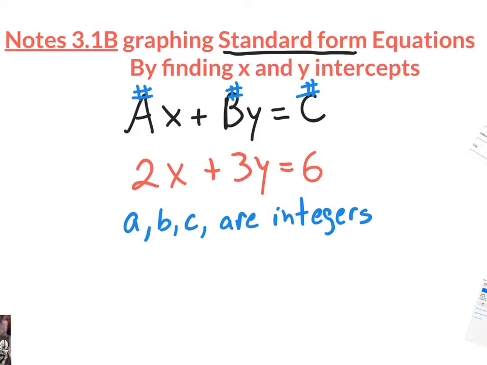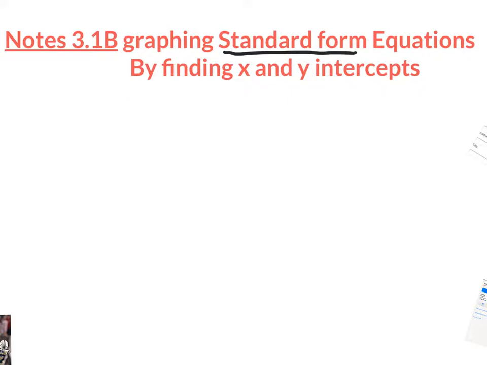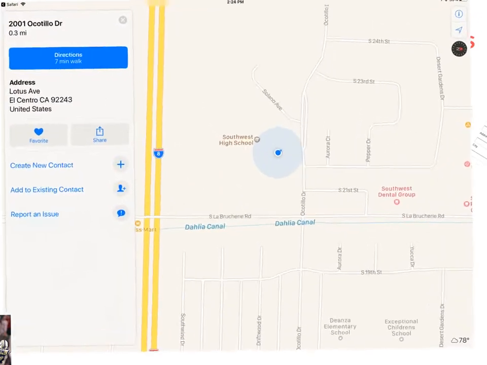Anyhow, let's continue here. On the title itself, it says that we're going to be graphing standard form equations, ax plus by equals c, by finding x and y intercepts. So we definitely need to know what an intercept is. So to understand that better, let's think about the word intersection. All right, so if somebody says Southwest High School is located at the intersection of Ocotillo and La Boucherie, what does that actually mean?